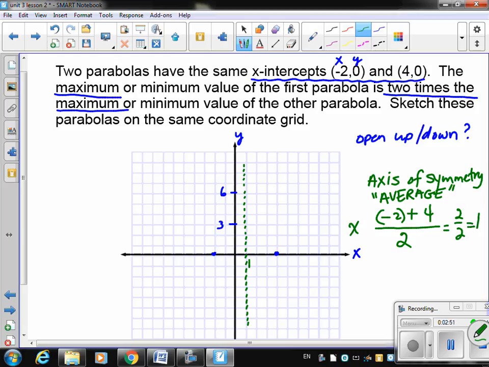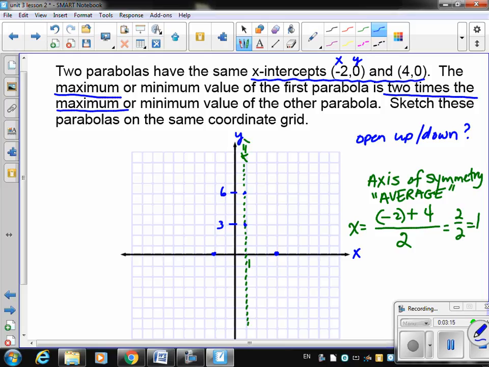X equals, and that's the average, because it's a line straight up and down, we would write it as x equals 1. Y could be all sorts of things. So this dotted line is x equals 1, and my maximum would have to lie on that line in between the two x-intercepts. So my parabolas would be there and there.